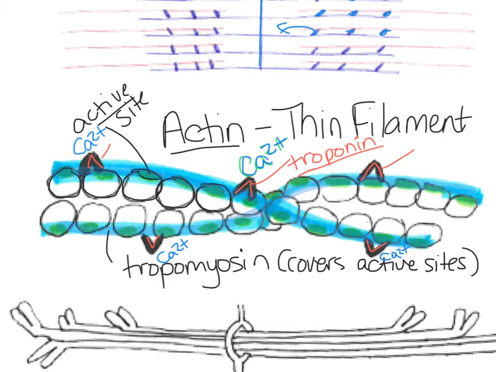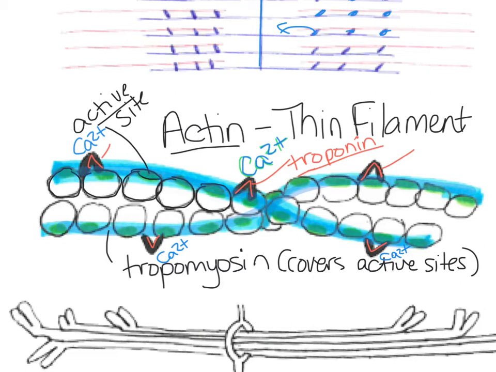And now we have an exposed active site. Well, that's where the myosin wants to bind. And the myosin can't bind unless that active site is exposed. So that's exactly what we need to start this process, to start the sarcomere shortening.